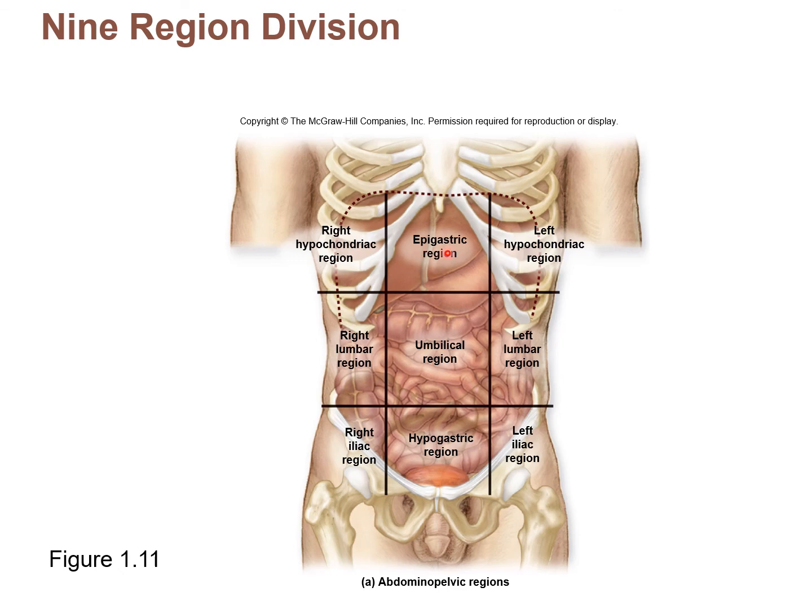Whenever you see the suffix ic, it means pertaining to. So epigastric means pertaining to the region above the stomach. Here's the stomach, and this region is above the stomach. That's why we call it epigastric.